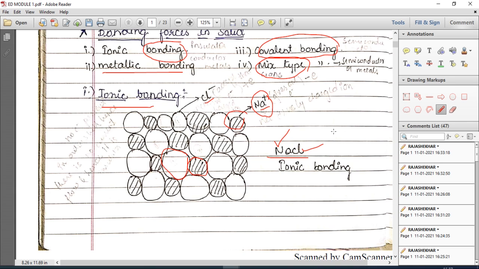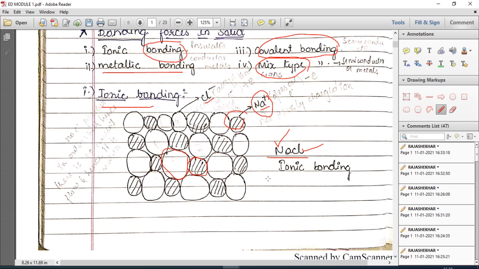Sodium releases one electron from its electronic configuration, and that released electron is accepted by the chlorine atom. Because of this, there are no free electrons present in this bond.